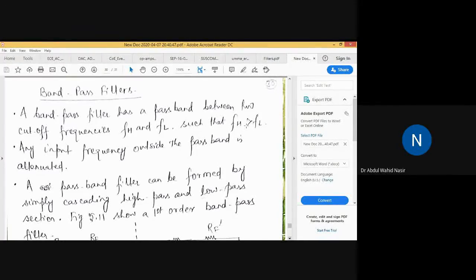Already we have seen the frequency response for a band pass filter. Any input frequency outside the pass band is attenuated. What does it mean? Any signal having a frequency outside the pass band will have its magnitude attenuated, or decreased. So it won't pass. The gain will be very small.